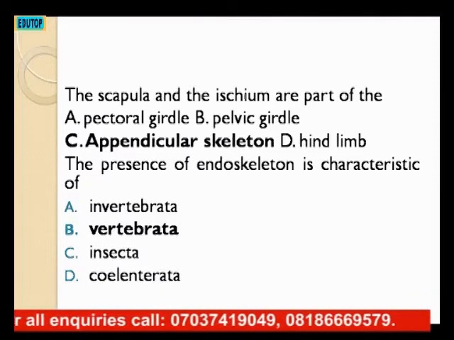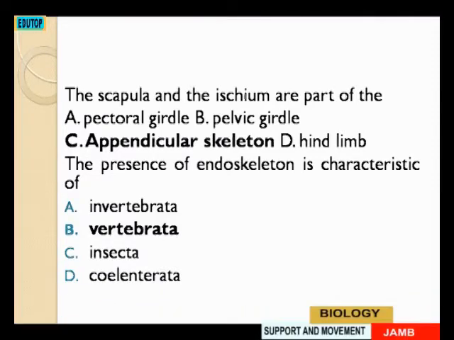So our answer is option C, appendicular skeleton. In the appendicular skeleton you find the pectoral girdle and the pelvic girdle, and the scapula is part of the pectoral girdle, while the ischium is part of the pelvic girdle.